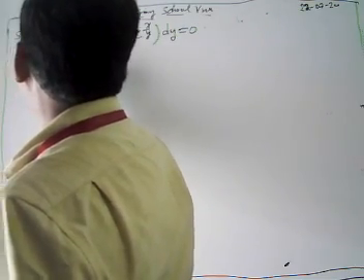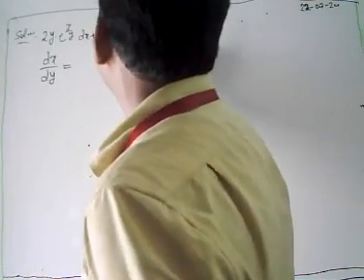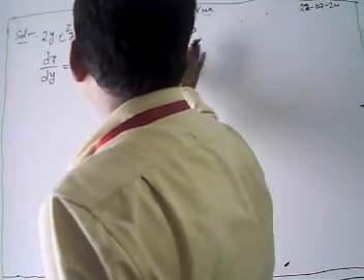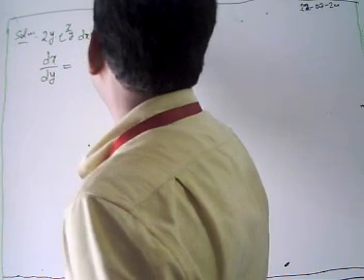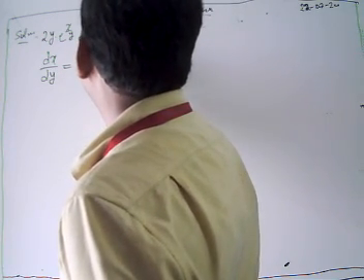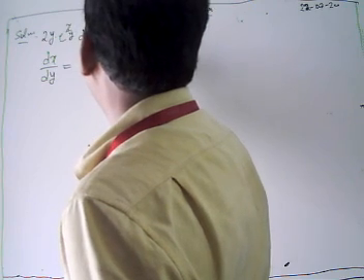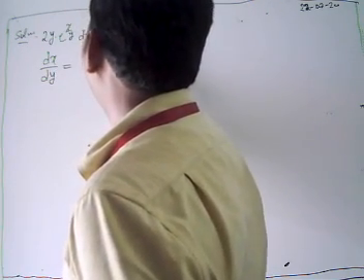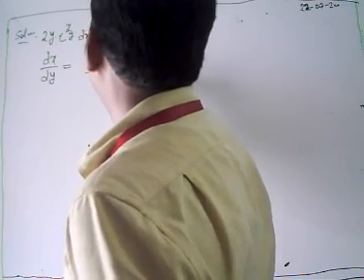Dx by dy is equal to, again shifting this dy, it's a minus, and this is positive here, then 2x into e to power x by y minus y upon 2y into e to power x by y.